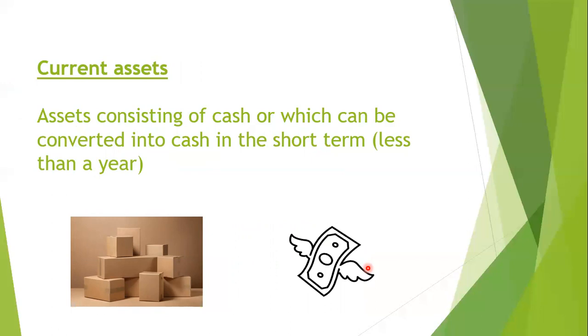Your debtors, so the people who buy from your business, and they pay you on different terms for 30 days, 60 days, or 90 days. So they owe you money. So that is your right to receive your money, and they will pay you. The 30, 60, and 90-day period is less than a year period, you see? So they are also your current assets.